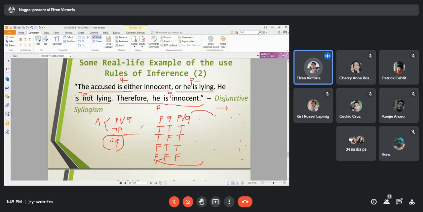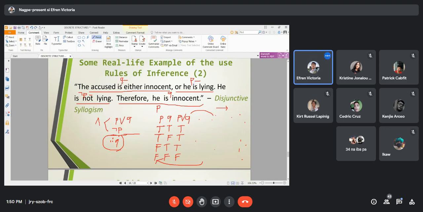So dito, nauna si Q, sumunod si P. Pero ang sabi dito sa example, dito sa form natin, dapat P or Q. So, dapat ba natin unahin dito si P as variable P or dito si Q? Wala naman sinabi na kailangan mauna palagi si P. Bakit?